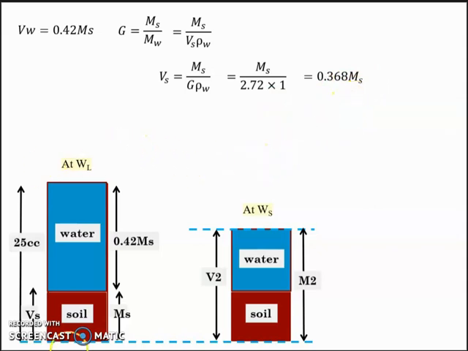Now when you look at this system at the liquid limit, the total volume is given 25 cc, which is equal to the volume of water plus the volume of the solids.